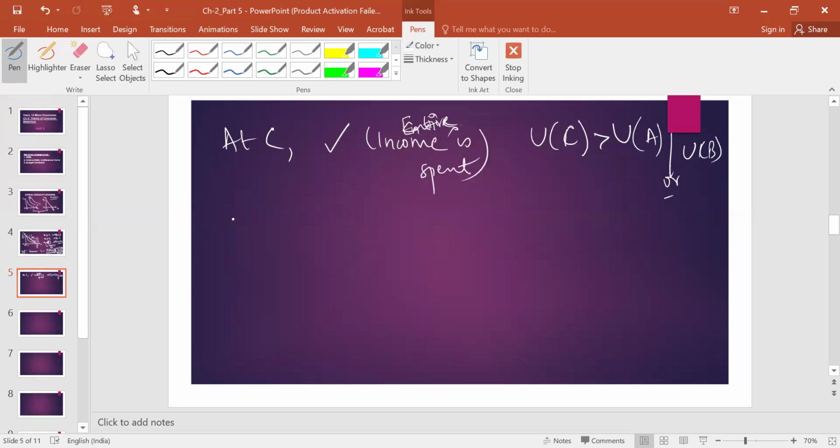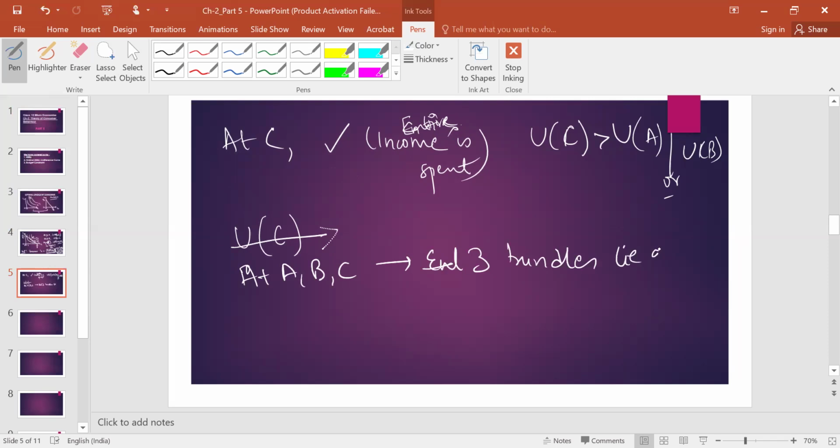So utility of C is greater than utility of A or utility of B. So we can see that the budget at A, B, and C, all three of these bundles lie on the budget constraint.